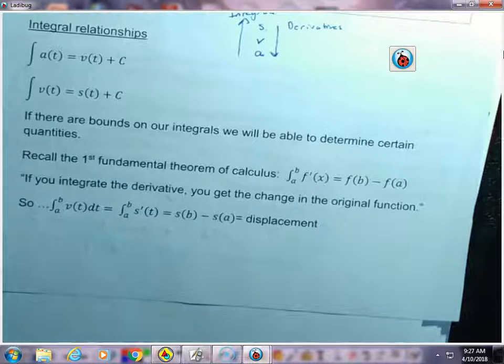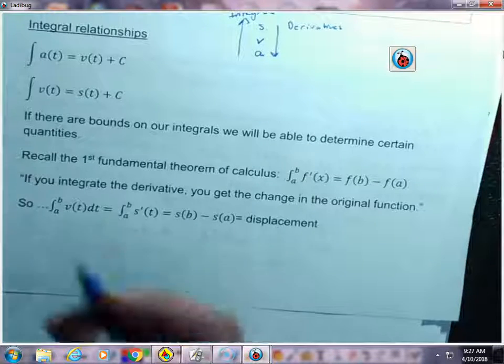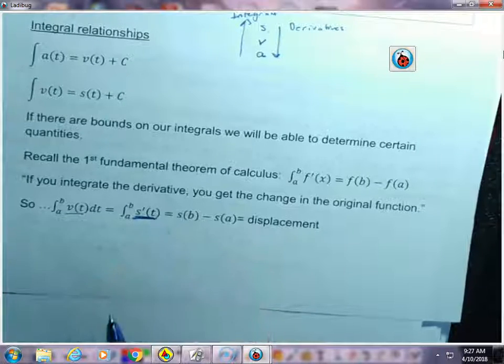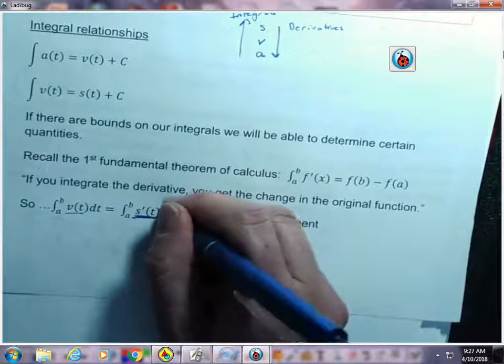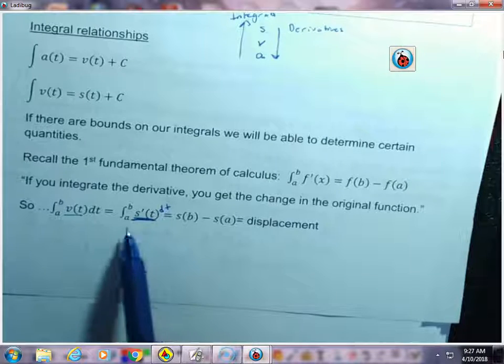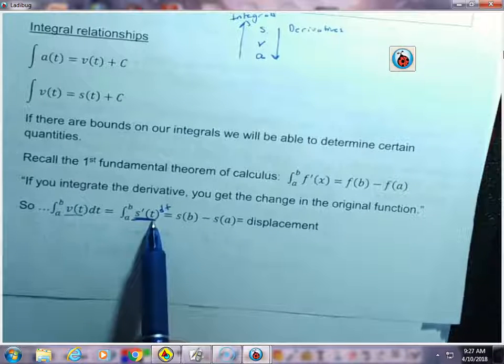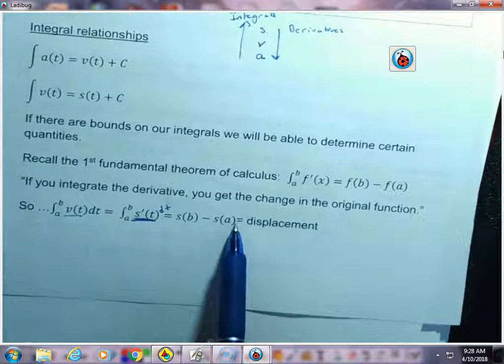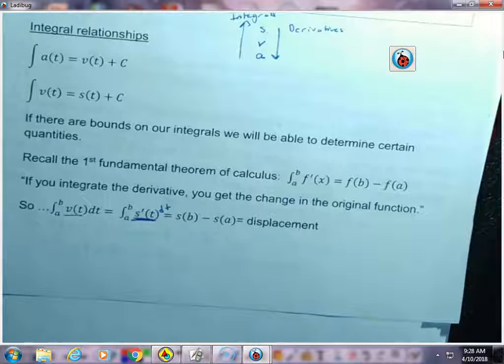Position. Okay, you went the other way on the derivative. So v of t is the same as s prime of t, the derivative of position. This should have a dt on it, by the way. Okay, well, so this would be integrating the derivative of s, and so you get the change in the original function, s of b minus s of a. Remember, the s is representing position, so that's just final position minus initial position, which is displacement.